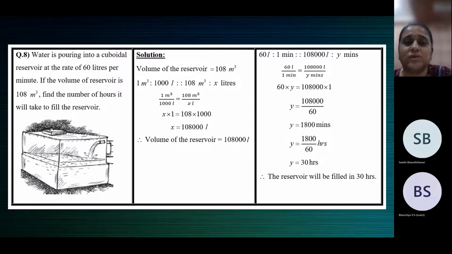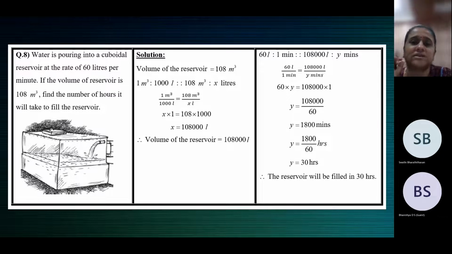Now what I want Swati to do is, since your school follows Exceed, please take pictures of this chapter mensuration from your book and share it with me on WhatsApp, so that I'll include those questions also, and we can discuss them in the next class. If there's something different in Exceed, then I can make a presentation of that.